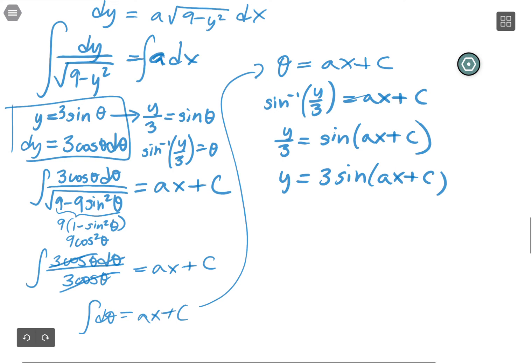And notice again, the C is going to tell us something about horizontal shift in this case, not vertical shift. So if you looked at slope fields, you should see sine waves with amplitude 3 that are being shifted left or right. And also this A would have to be known before you could say anything specific, because that's going to determine your period. All right, thanks for watching.